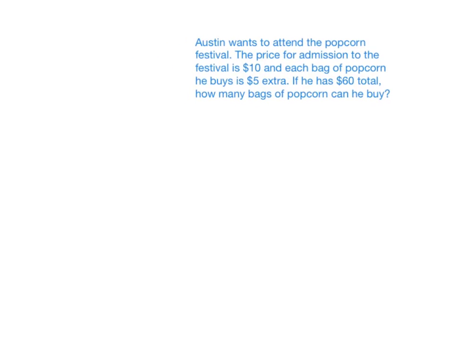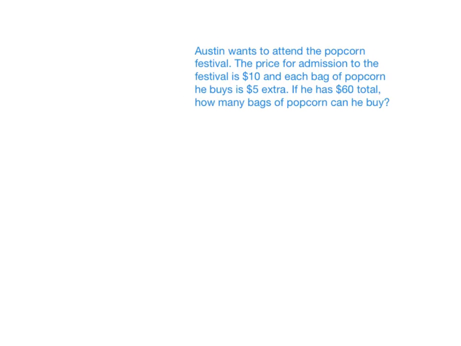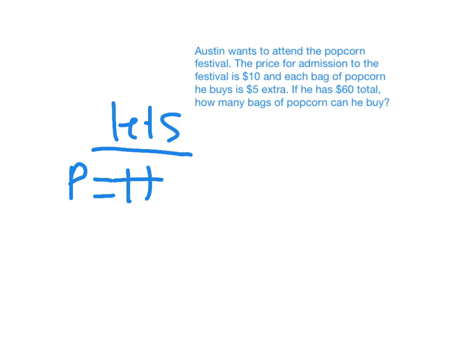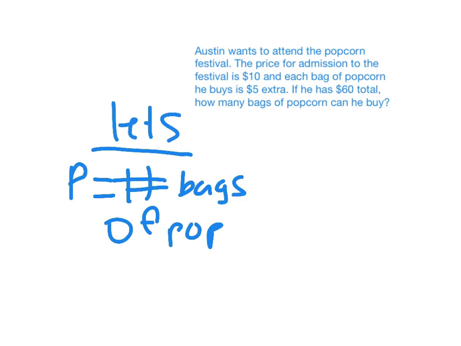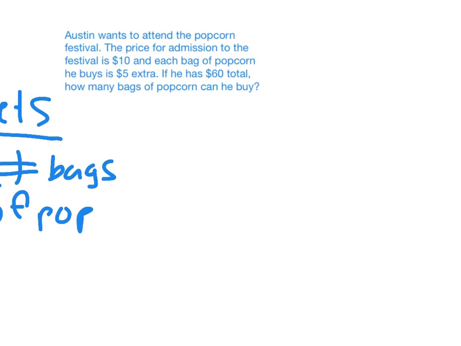Since this is a word problem, we need a let statement. For this particular problem, we'll just have P equal the number of bags of popcorn. And then we need to set up our inequality. 10, that is our constant.